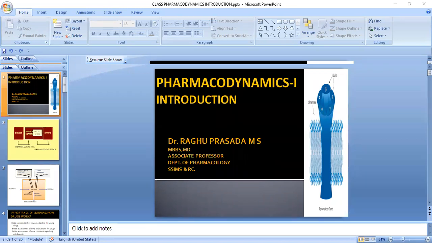In a similar way, pharmacodynamics is what the drug does to the body. In simple terms, pharmacodynamics is what the drug does to the body. So here on the first slide, I have put a receptor.